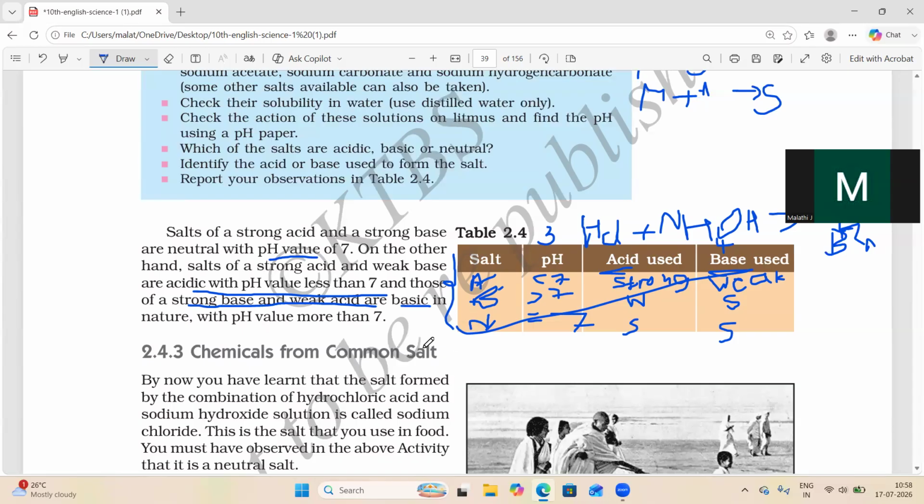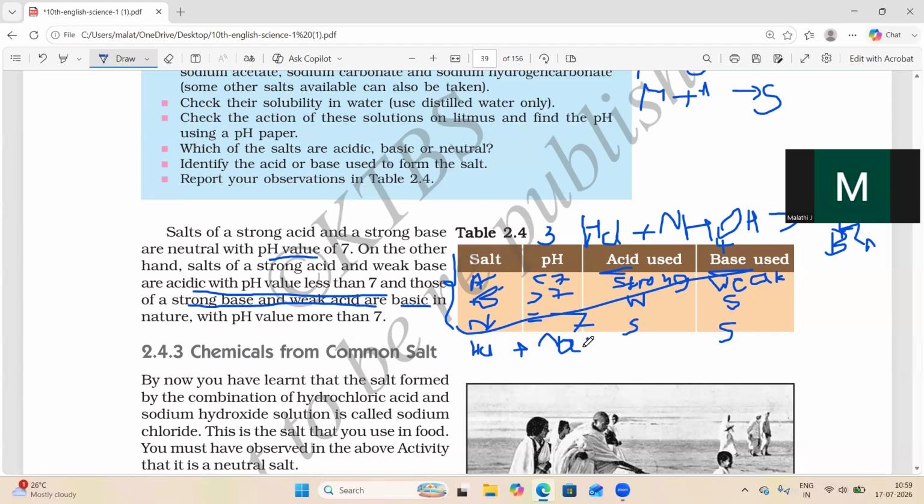Then neutral salts: strong acid and strong base. Strong acid I will take as usual HCl. Strong base is NaOH you have to take. You will get a salt that is called NaCl.